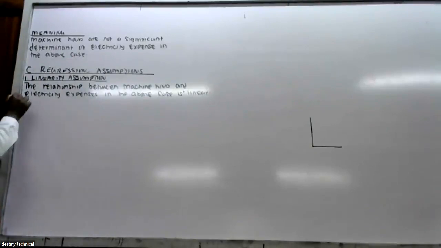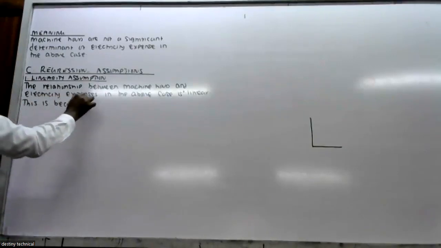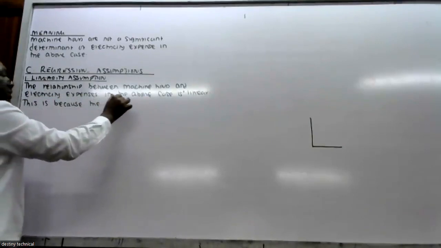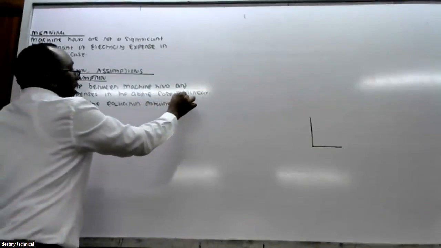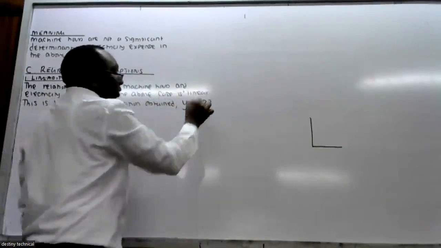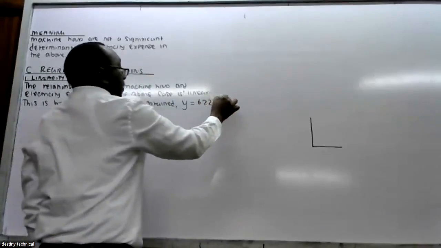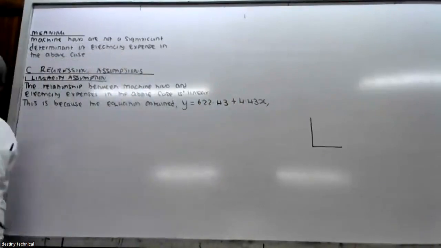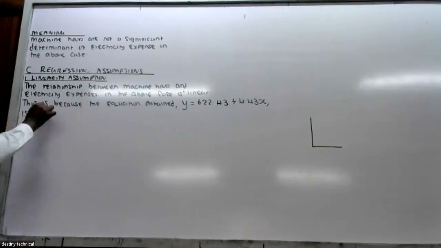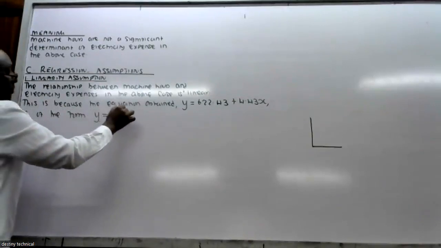Why is it linear? This is because the equation obtained, y equals 622.43 plus 4.43x, is of the form y equals a plus bx.